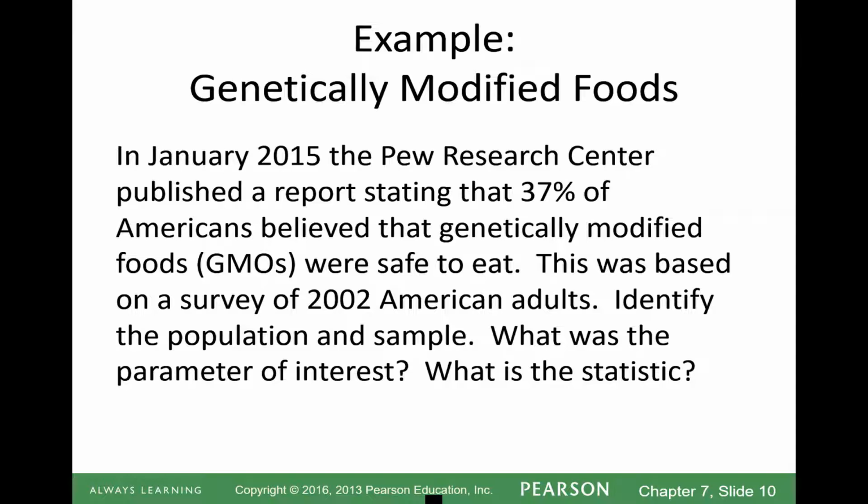What were they interested in? The parameter of interest: the percentage of Americans who believe that GMOs were safe to eat. That's what they were interested in. The actual statistic, what they were measuring, is 37%.